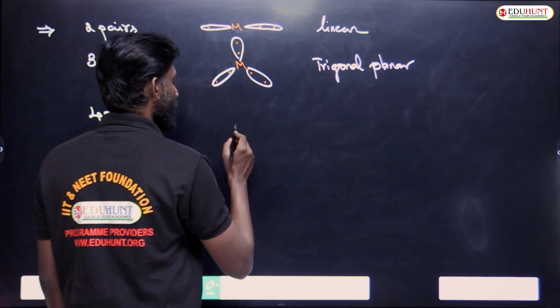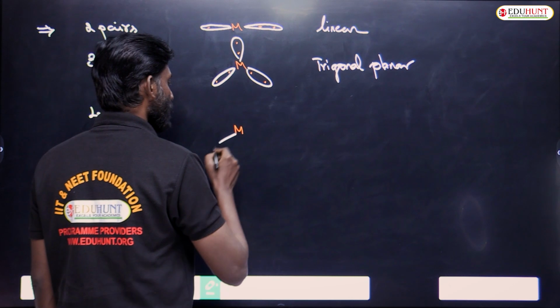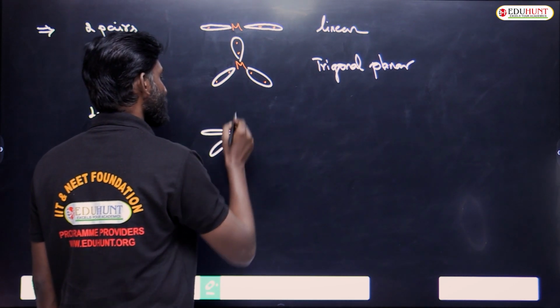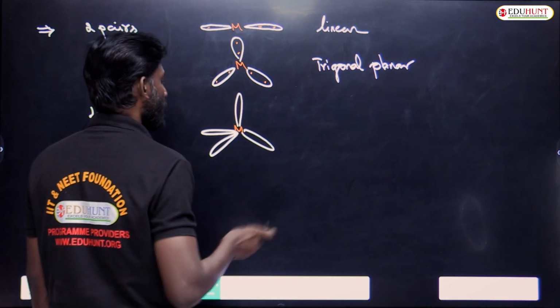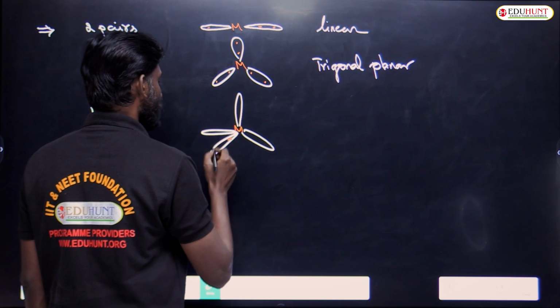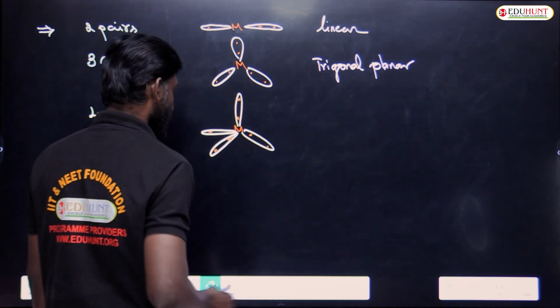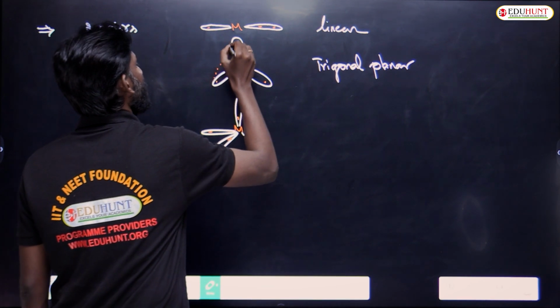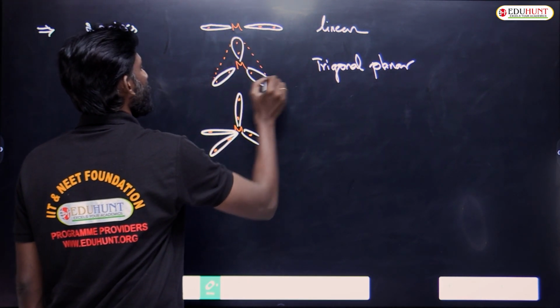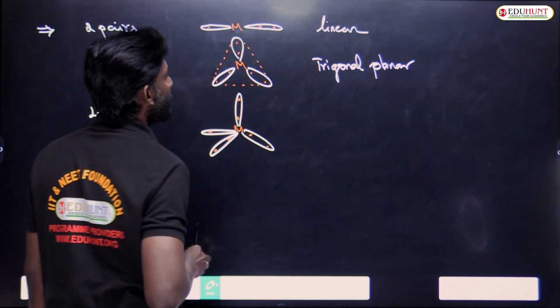So that means the central atom, one pair, second pair, third pair, fourth pair. So this is a trigonal planar geometry.